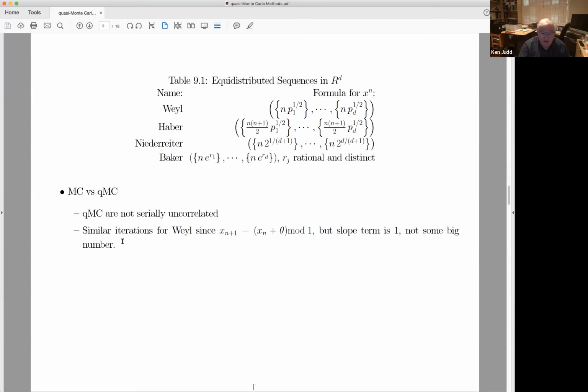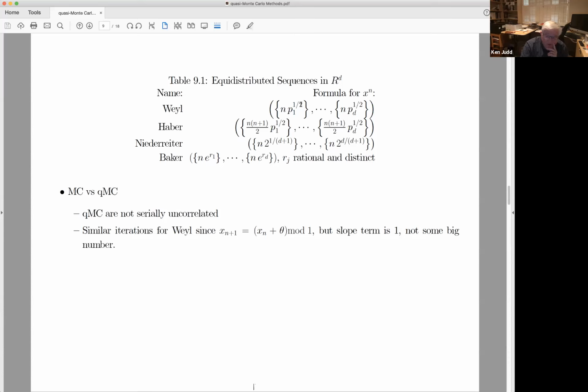Here are some other examples. Here's an example of an n-dimensional formula for n-dimensional Weyl points, Haber points, Niederreiter, and so on. There's a variety of these. These are very simple versions.